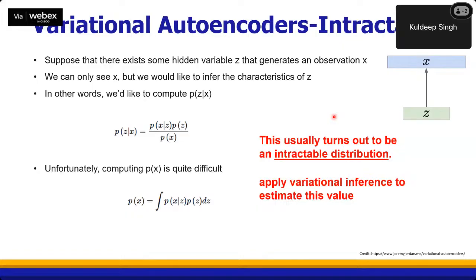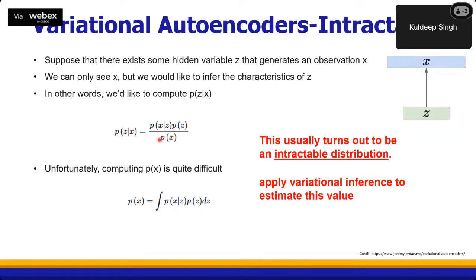Okay, fine. So what we can see here is X, and we might like to infer the characteristics of Z. In other words, what we want to compute is the probability of Z given X, and with the help of Bayes' theorem, we can express the distribution of Z given X in terms of the distribution of X given Z, P(Z) and P(X).